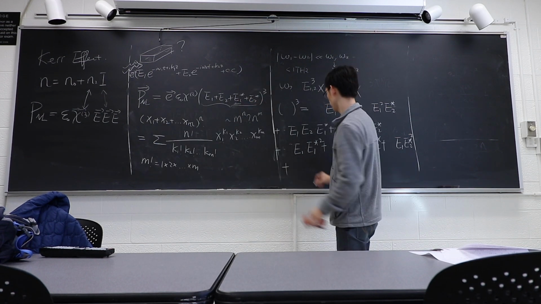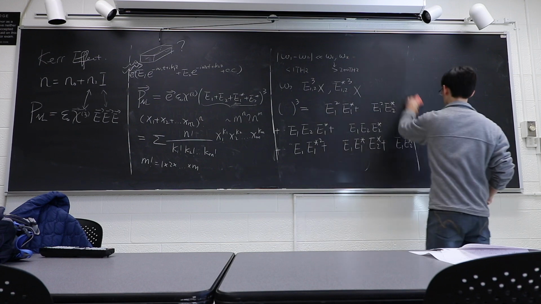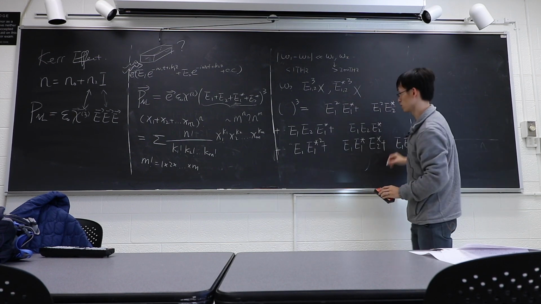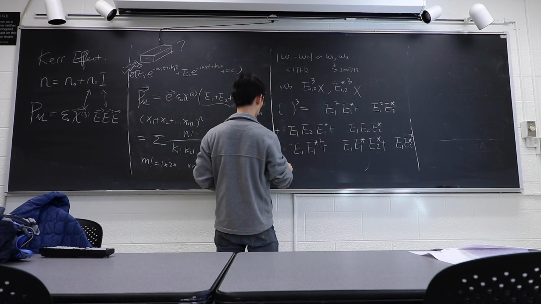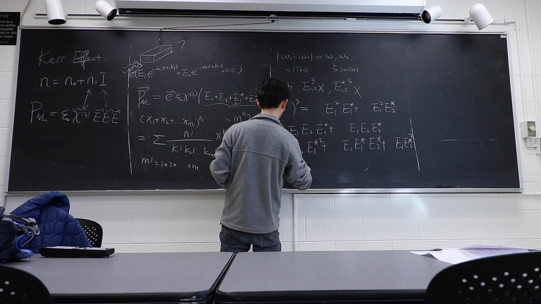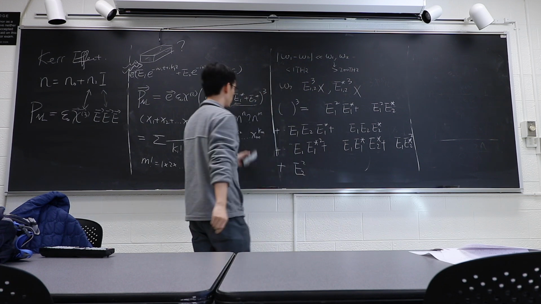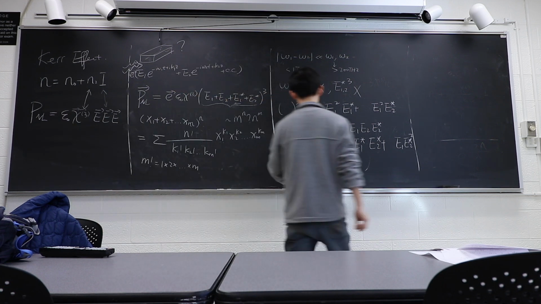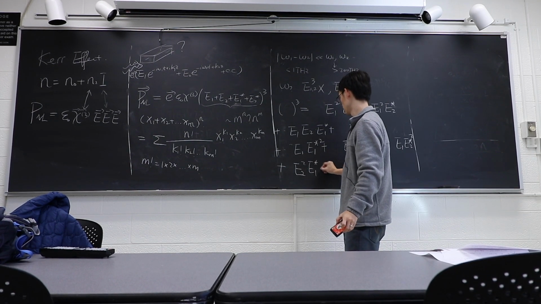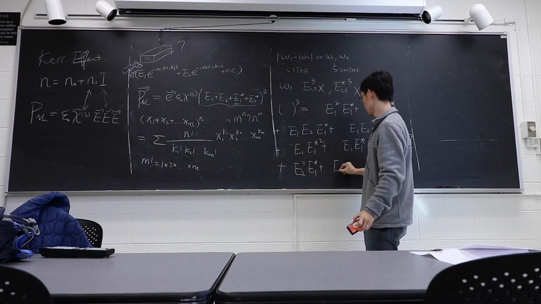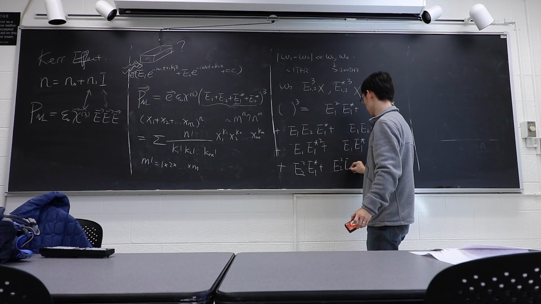So I think we should be able to finish with this. E2, again, first we have E2 star, E2 square. Okay, and then they can pair with E1, also pair with E2 star.